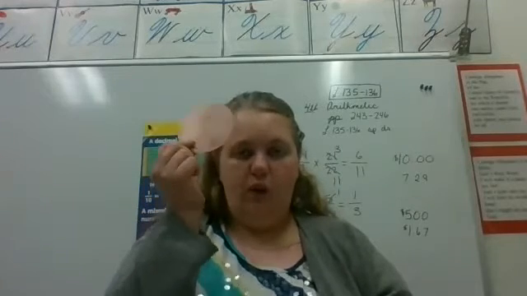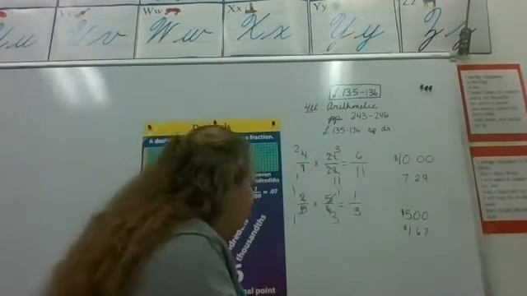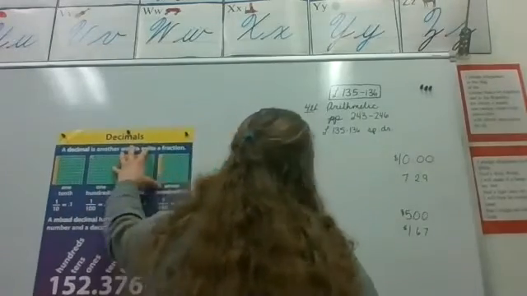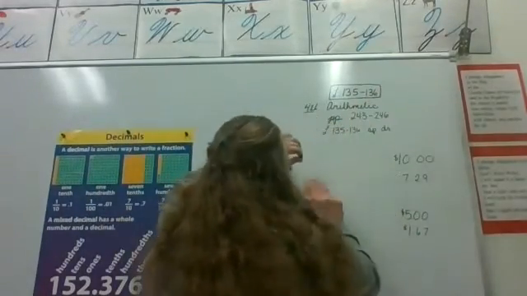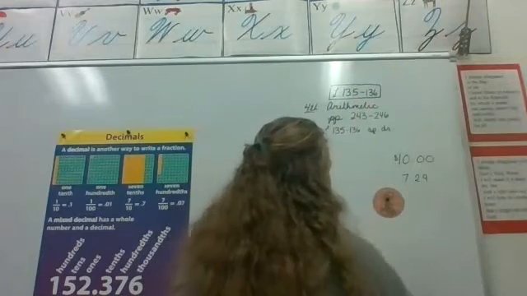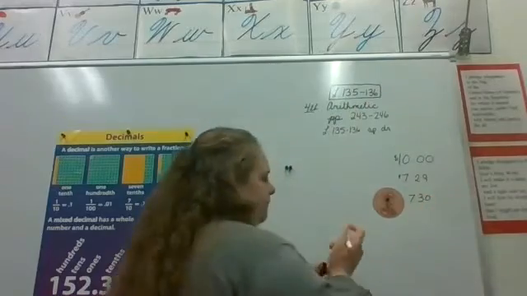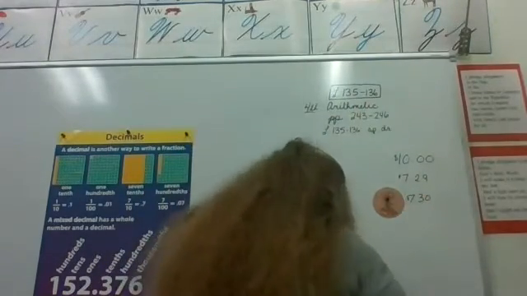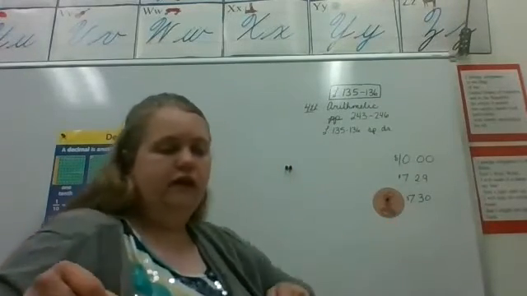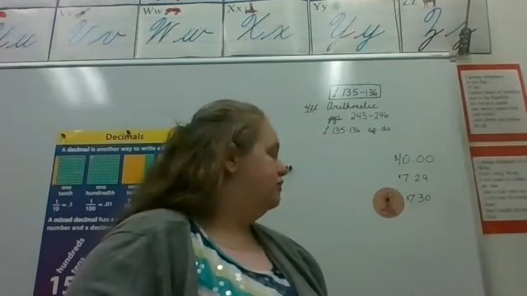1 penny brings us up to $7.30, okay? Now from 7.30, as we're counting up, which would be easier, to do dimes or nickels?